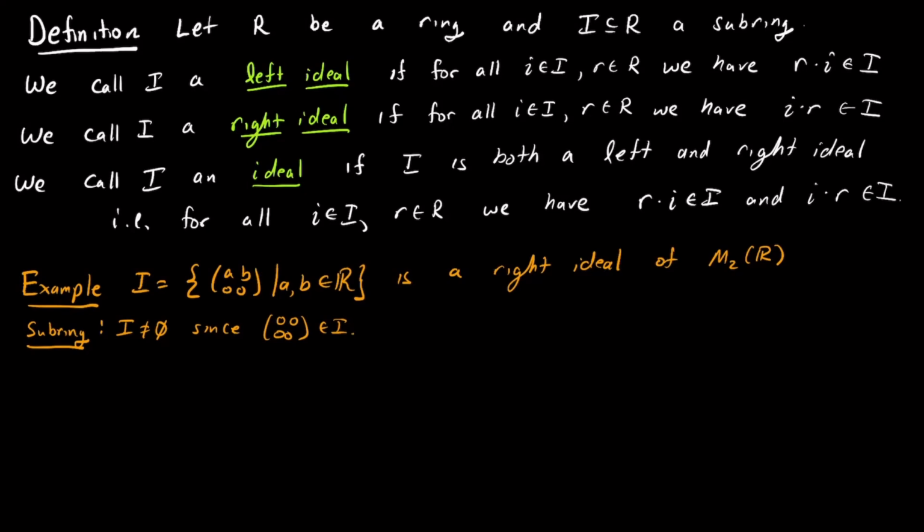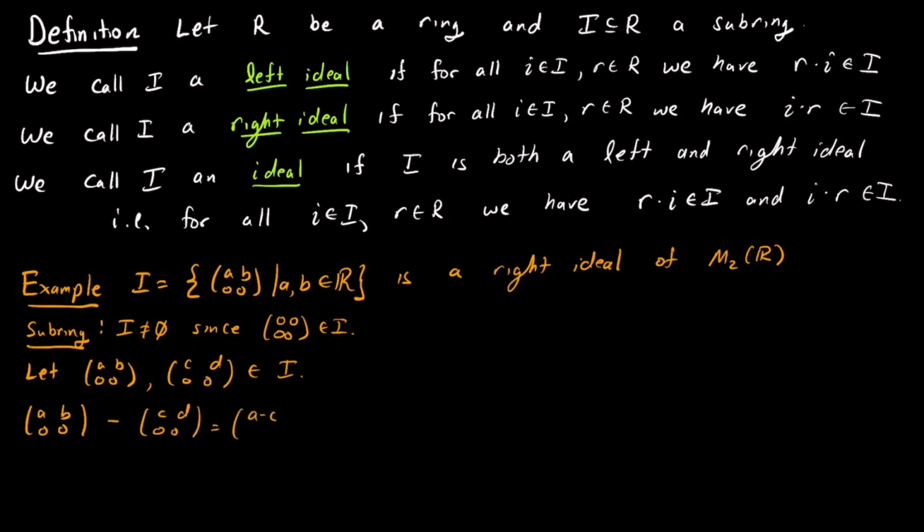Then what I have to do is show that it's closed under subtraction and show that it's closed under multiplication. So what I'm going to do is take two elements, [a, b; 0, 0] and [c, d; 0, 0] in I. Right, so let's check subtraction. If I subtract these two, I'll get [a, b; 0, 0] minus [c, d; 0, 0], and this is going to be [a minus c, b minus d; 0, 0].